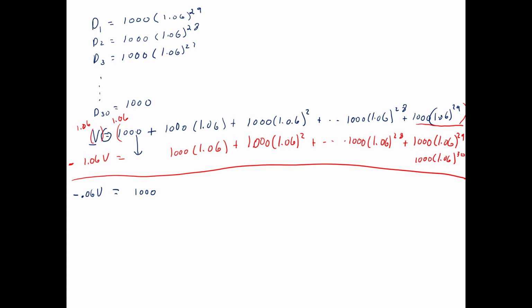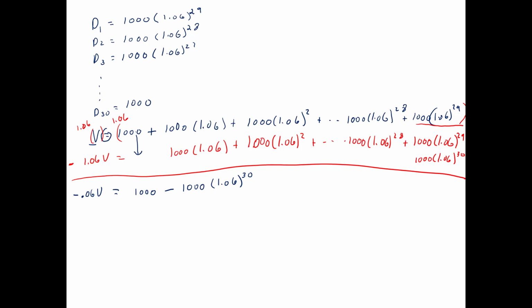The 1,000 times 1.06 squared minus the 1,000 times 1.06 squared, those go away. And the nice thing that happens is all the ones in the middle go away, and all that's left is this first term, the 1,000, and the 1,000 times 1.06 raised to the 30th power.